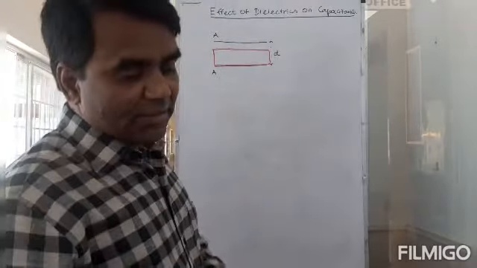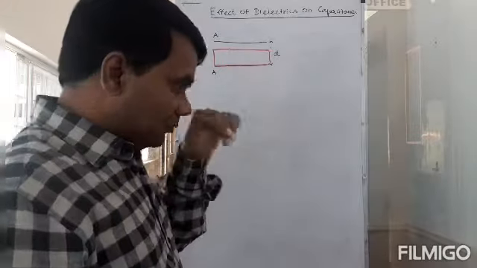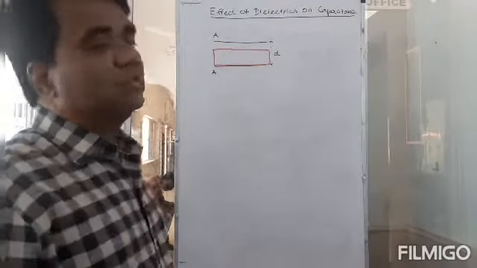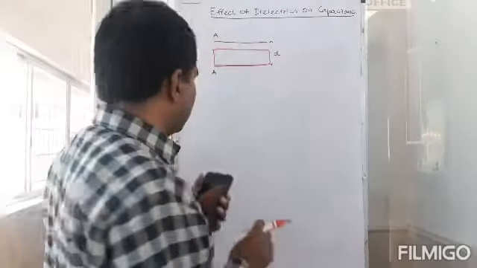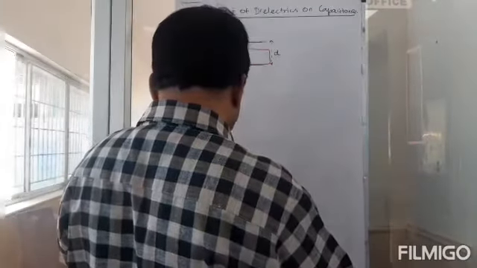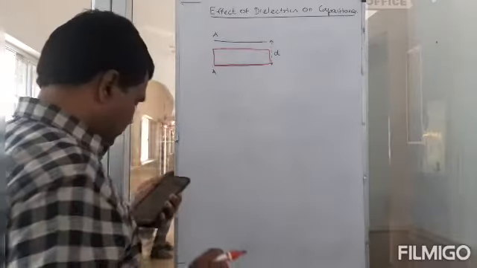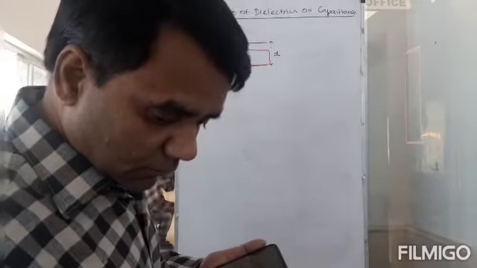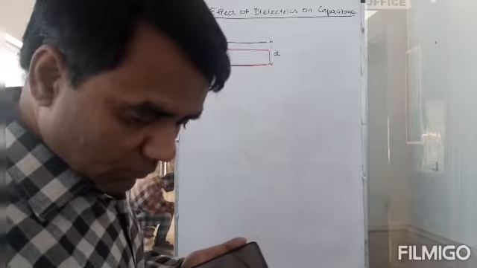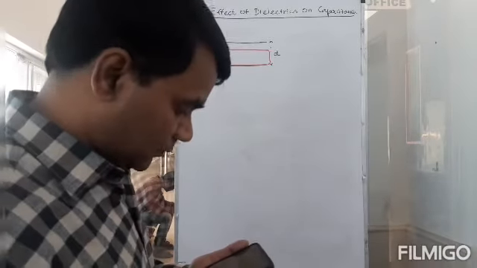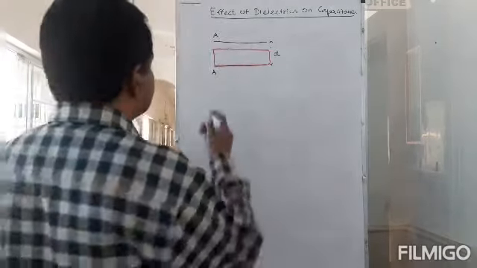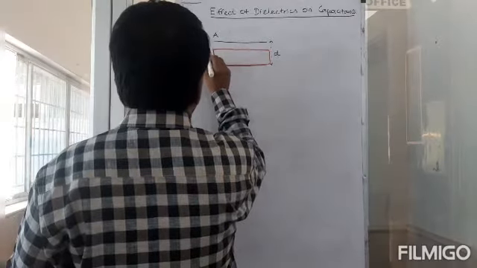So the question is, what would be the effective capacitance? And this dielectric material is only 3/4, right?